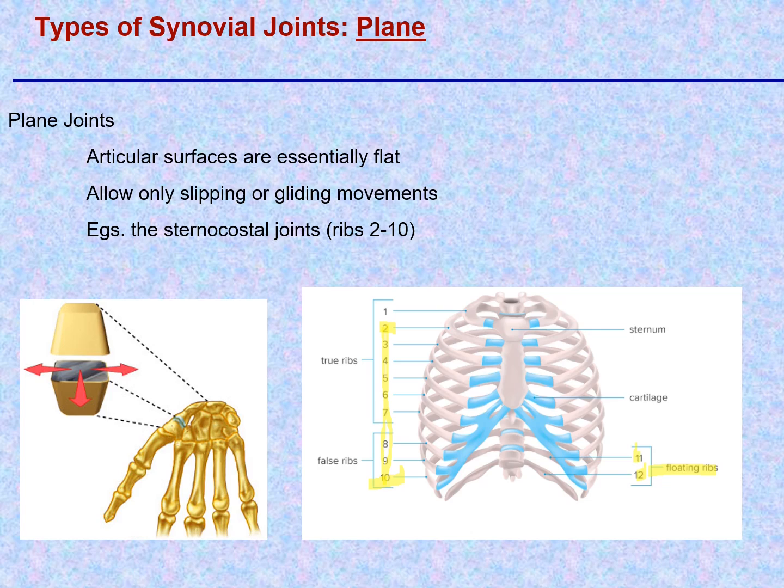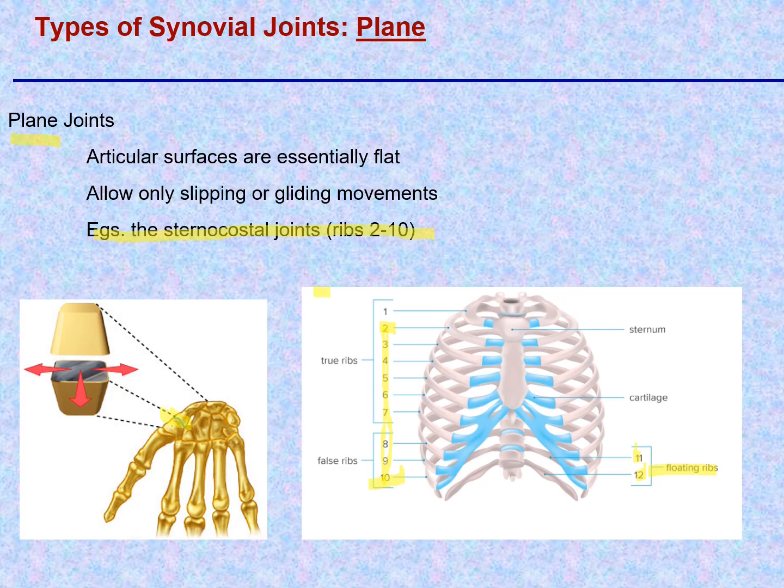These are essentially flat surfaces. That's why it's called a plane type of joint. They only allow for slipping or gliding movements. And this is the classic example, the sternocostal joints for rib pairs 2 to 10, but you also find it here in the hand, at the base of the thumb.